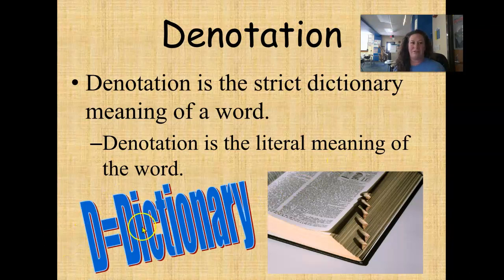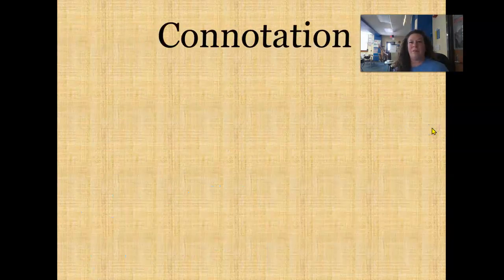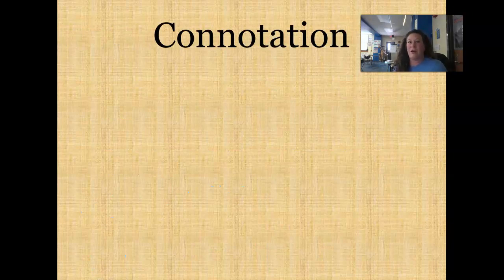So D for dictionary. Denotation, dictionary. That's pretty easy, right? So if you don't have this written down on the denotation part of your notes page, push pause, make sure you write this down. The next part that we're going to talk about is the connotation.